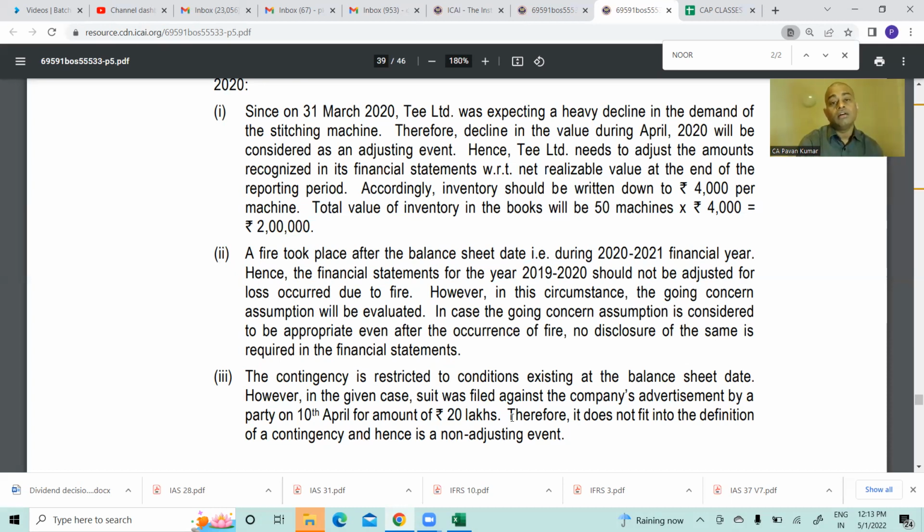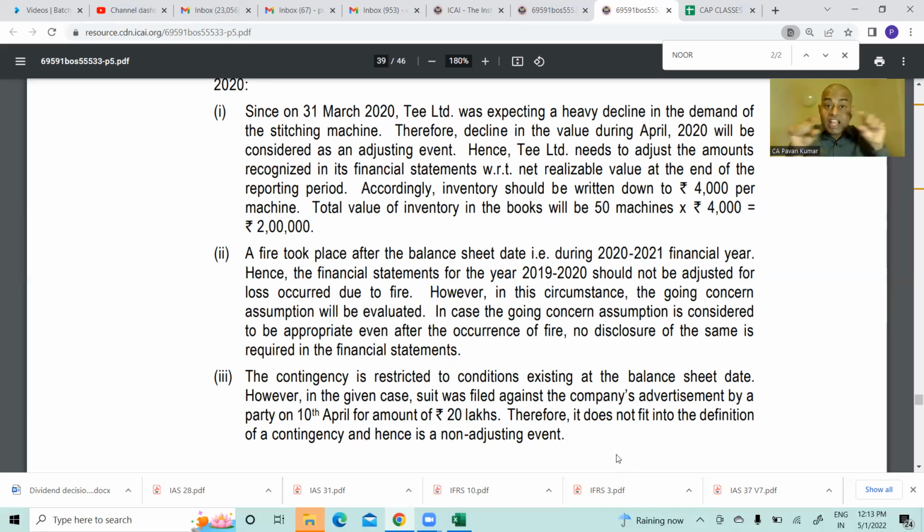If it is more likely than not, then you will create a provision. If it is not more likely than not, that means less than 50% of probability, then you will say it is a contingent liability. That also they included, because previously AS4 and AS29 were same.